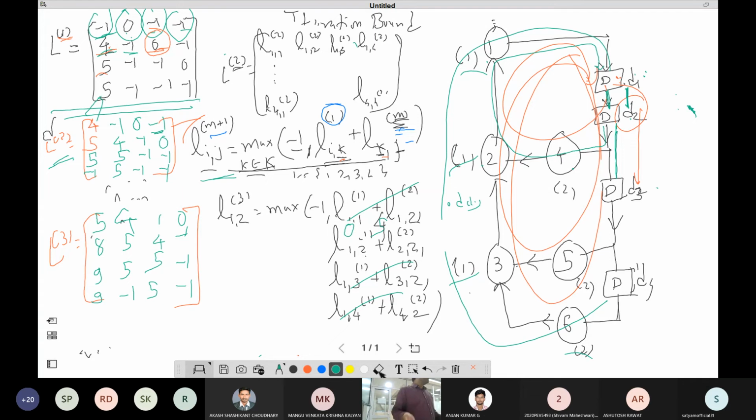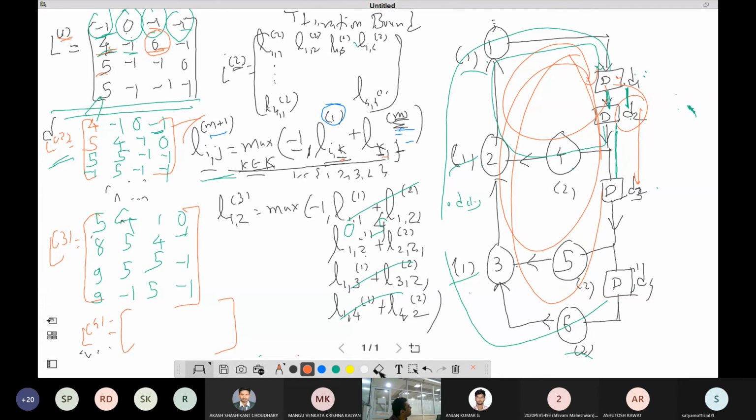Okay. Now L3 is done, L4 is still remaining. So L of 4, calculate it. Now I request you to complete this example. L3 and L4 you have to solve yourself.